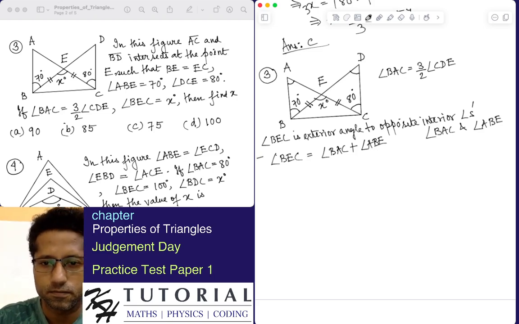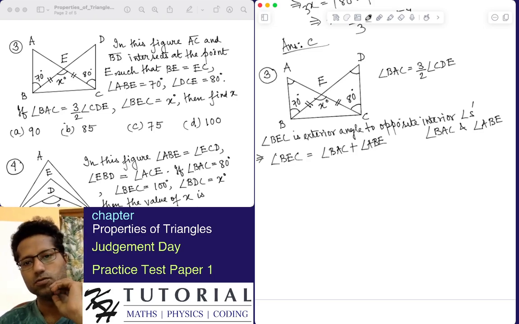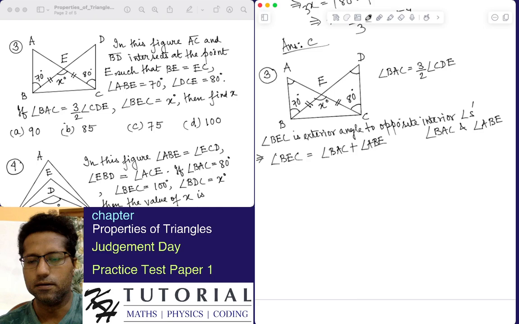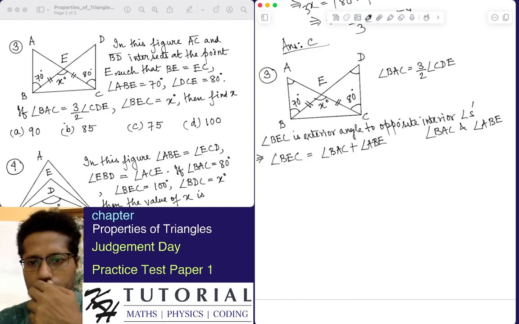So this implies we can say that BEC is equal to BAC plus ABE, because we know that an exterior angle in a triangle is equal to the sum of the two opposite interior angles. So we have angle BEC is equal to BAC plus ABE.